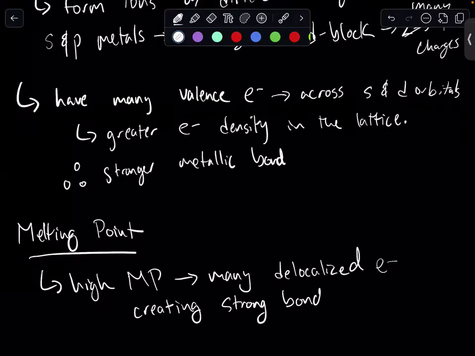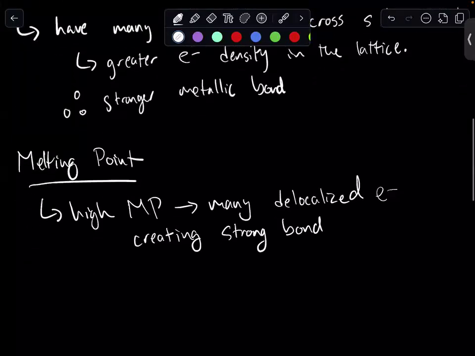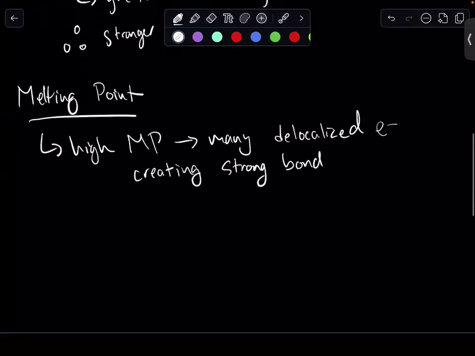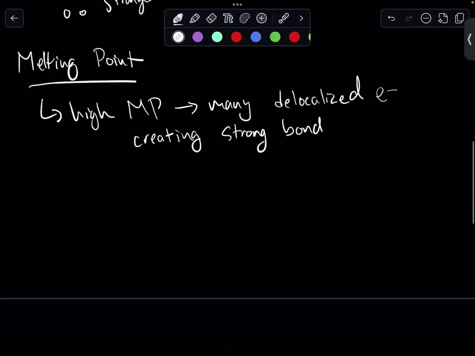So we're going to have that very high melting point, which again will not include zinc because it only has a 2+. This is our general trend for our D block, or transition elements, or transition metals. They're going to have a high melting point.